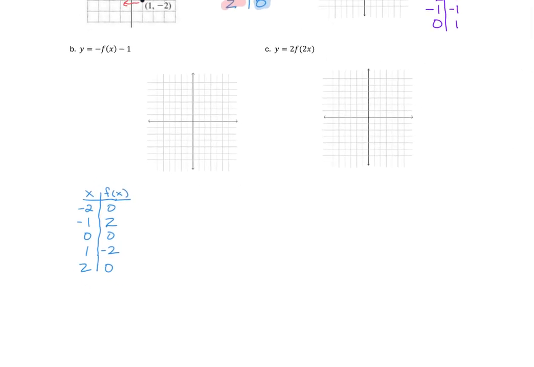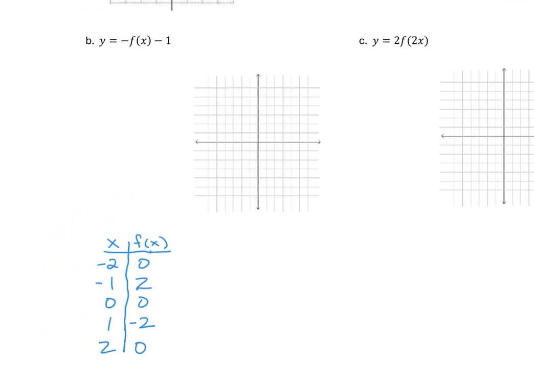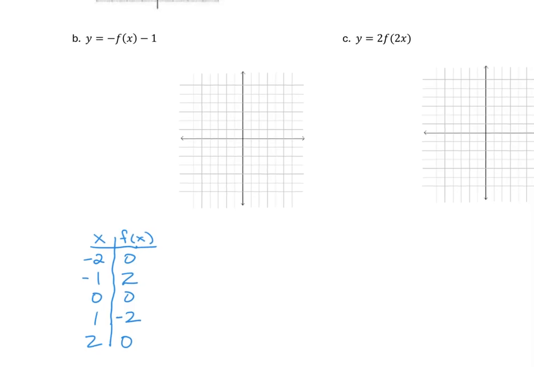All right, so now let's go ahead and look at example B. Example B, we do not have anything inside our function, which means that our x's are going to stay the same. Again, I'm going to do this in 2 steps.